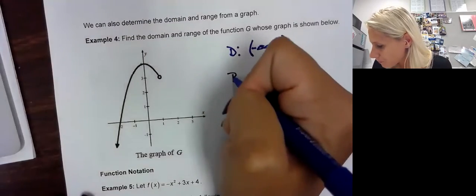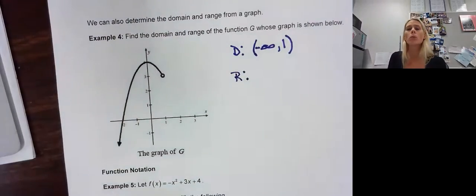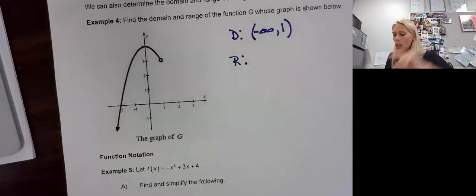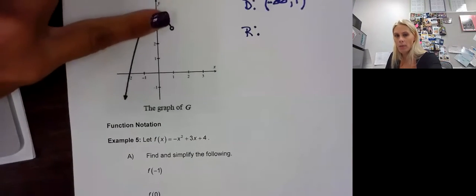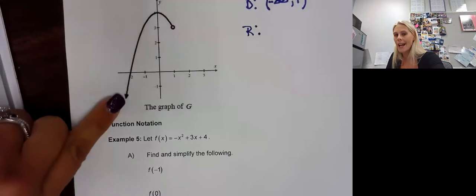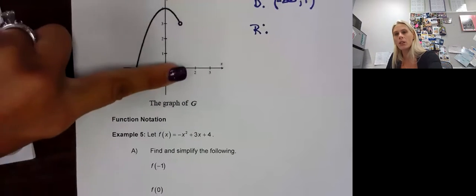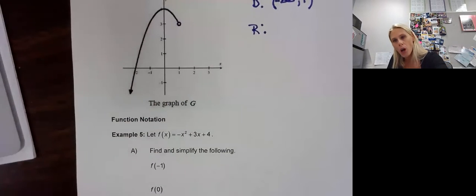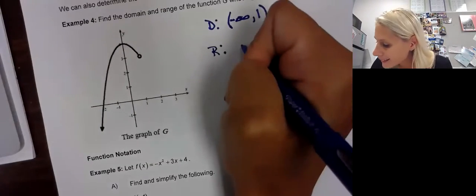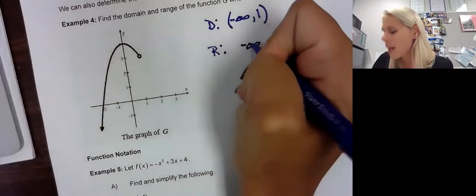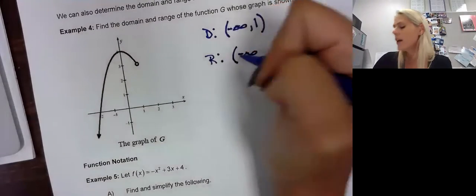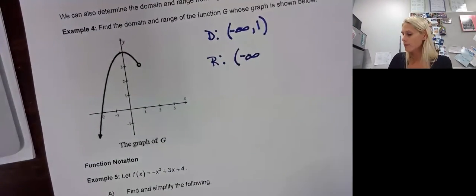Range. Range is our y value. So when you think of your y value, you want to start down and go up. So if we kept going with our graph and we kept going down, you notice that that arrow makes you continue. So if we can continue all the way down, what number is all the way down? It is negative infinity. And again, we just went over that infinities will have a parenthesis around it.